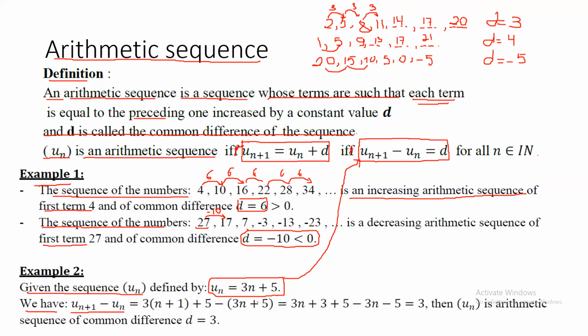We remove the brackets: 3n plus 3 plus 5 minus 3n minus 5 equals 3. 3n minus 3n, 5 minus 5, we get 3. So u_n is an arithmetic sequence with common difference d equals 3. So this rule is used to prove it is an arithmetic sequence.